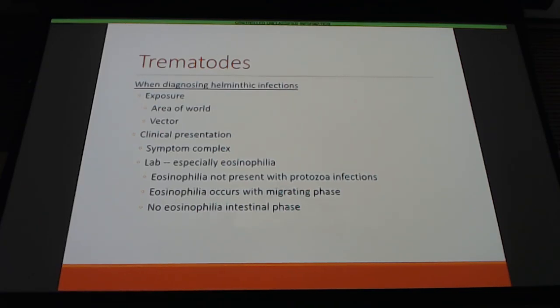When diagnosing these, you should look at what part of the world you're in. As we mentioned, ID is really about where you're at. What was the vector, what caused this? Did you eat anything crazy? Particularly for these, because they have more than one intermediate host.